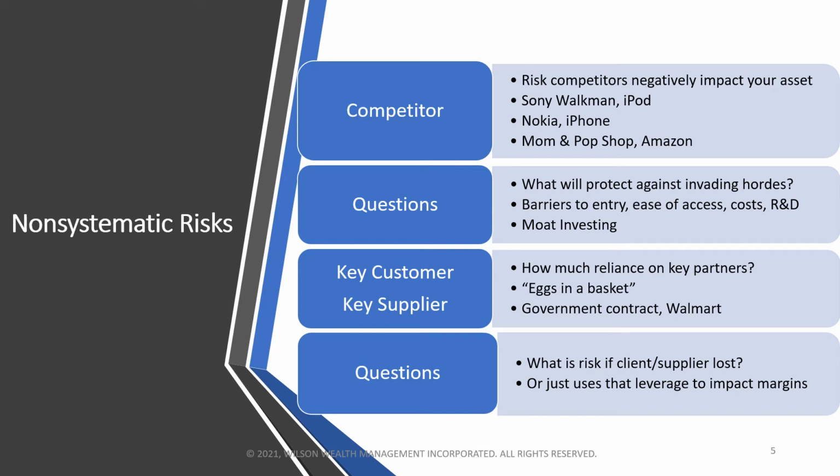I would be looking at, if 80% of your business comes from one contract or one customer, then that's a lot of eggs in one basket. You often see that with government contracts. So a government will sign a contract with a company for a 5-year deal. The company's happy, but what happens at the end of 5 years? What's the probability that the company will be able to renew?